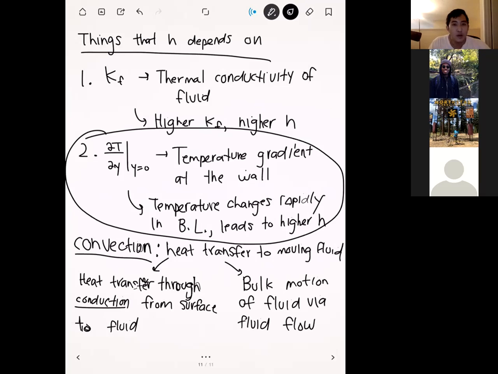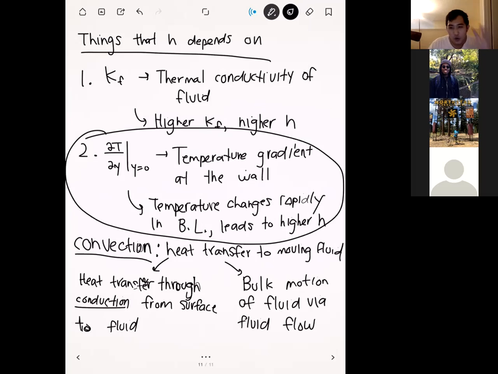In fact, because this is what convection actually is, some people out there claim that there is no such thing as convection. I think I might have said something like this at the beginning of the class. They say convection is just a made up term, because what you have instead is just conduction, and then you have fluid motion that sweeps it away.